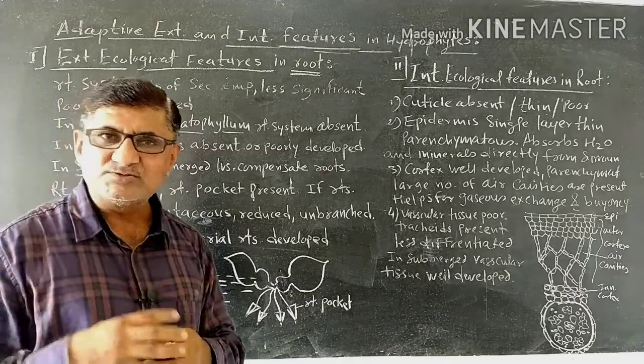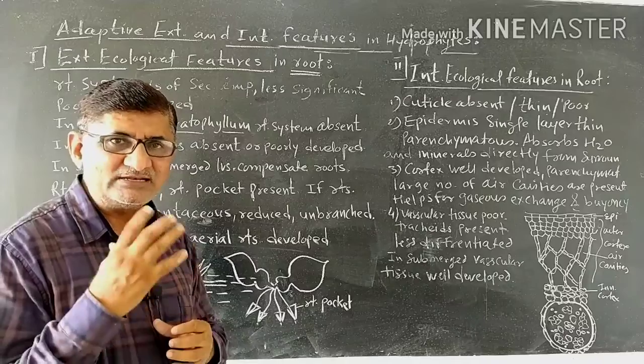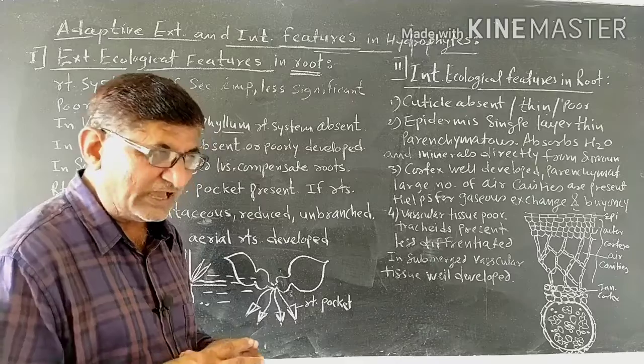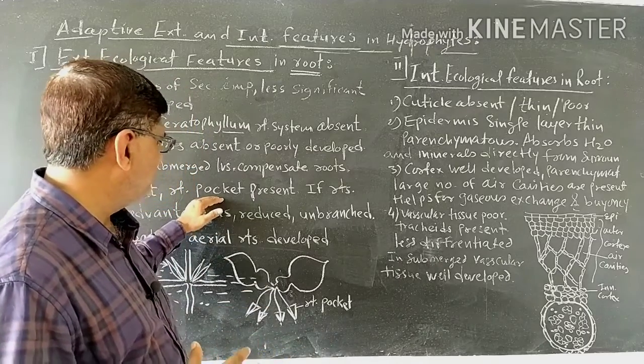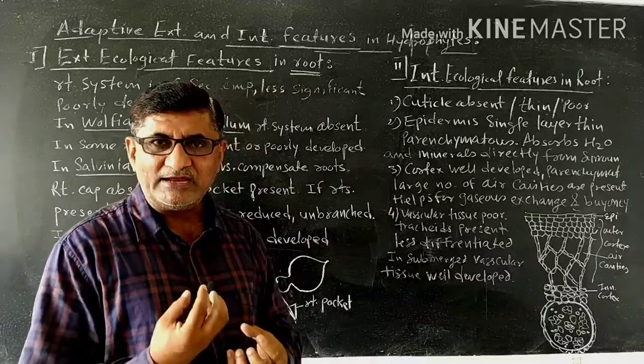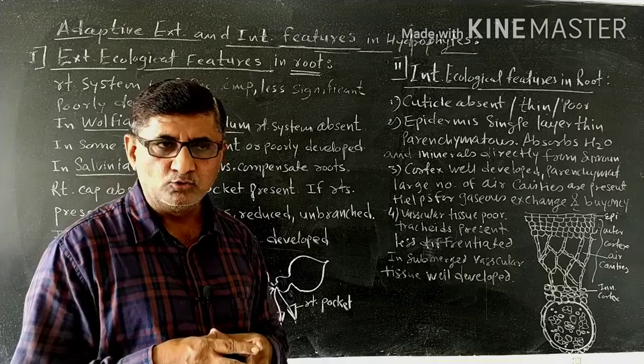In some or most of the hydrophytes the root cap is absent. Normally the root cap is present in all normal kinds of plants, but in hydrophytes the root cap is absent, and in place of the root cap, in some hydrophytes root pockets are present. These root pockets are present at the growing tip of a root.